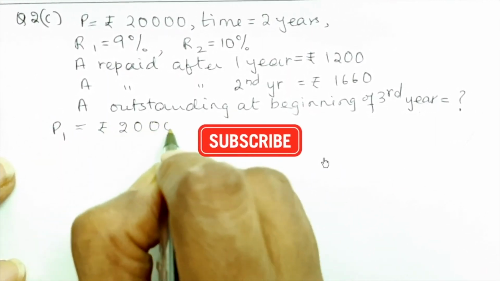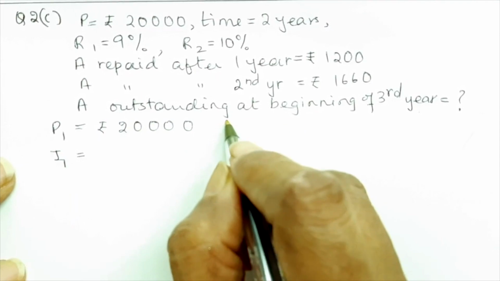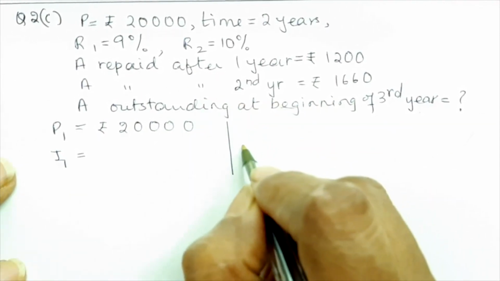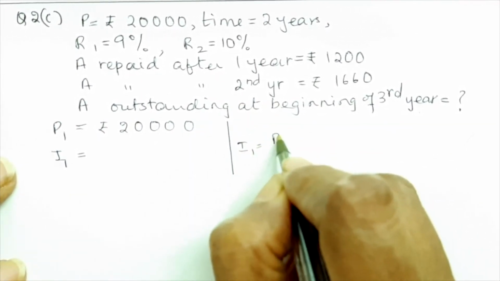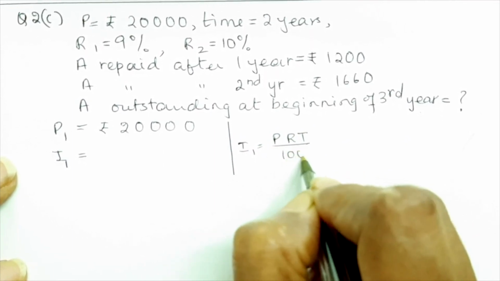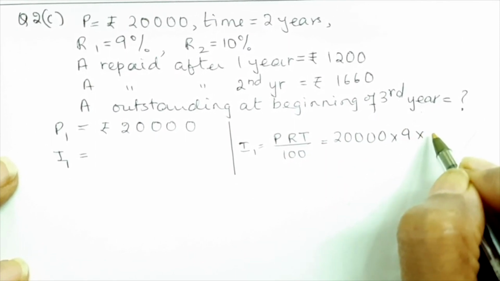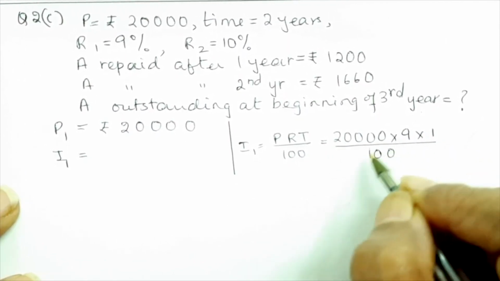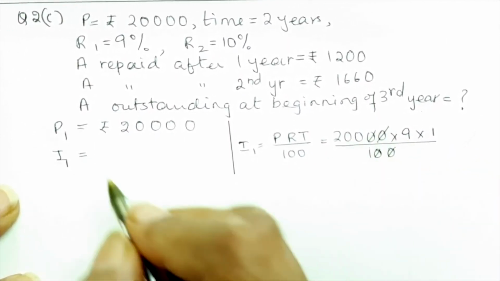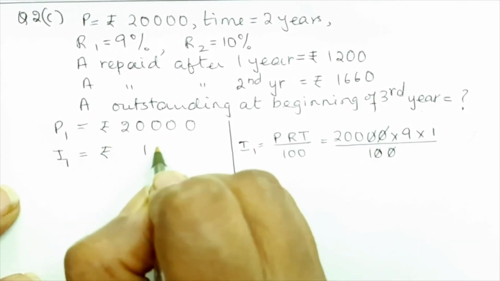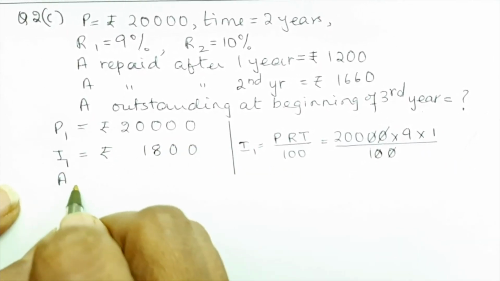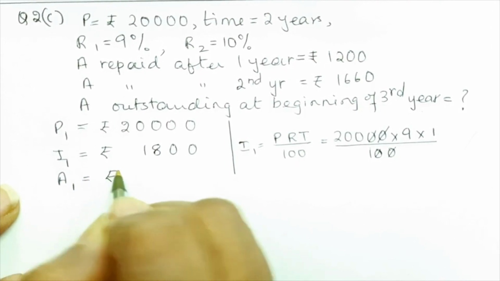So for something like this, I prefer to do P1, that is principal for the first year, that is rupees 20,000. Then your I1 is going to be at 9%. So I will say I1 will be PRT upon 100, which is 20,000 multiplied by 9 into 1 upon 100. 9 twos are 18. So we have the interest as 1,800. And so the amount after first year is rupees 21,800.